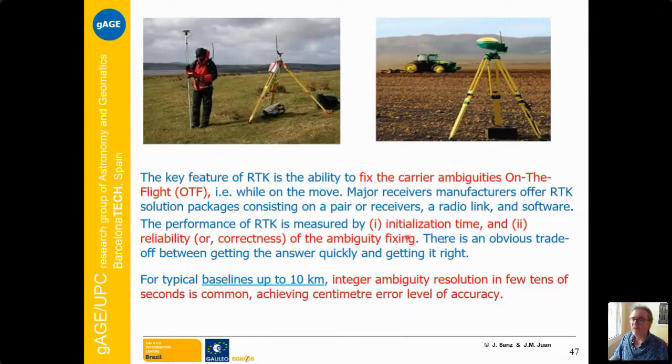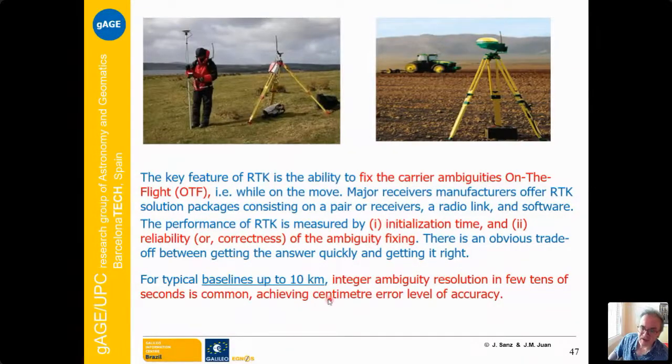The performance depends on the initialization time, the time that the filter needs to start fixing the ambiguities, and the correctness, the reliability of this ambiguity fixing, because any error in the ambiguity fixing can introduce large errors in the solution. Then we must be sure that the ambiguities are properly fixed.